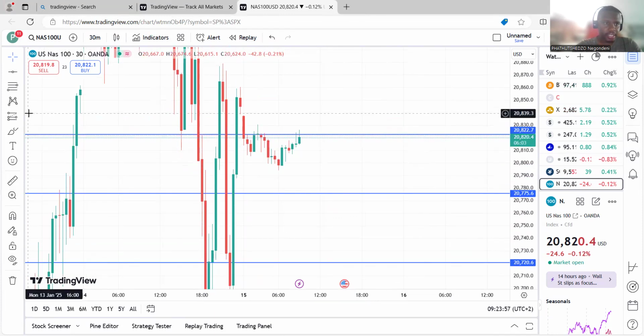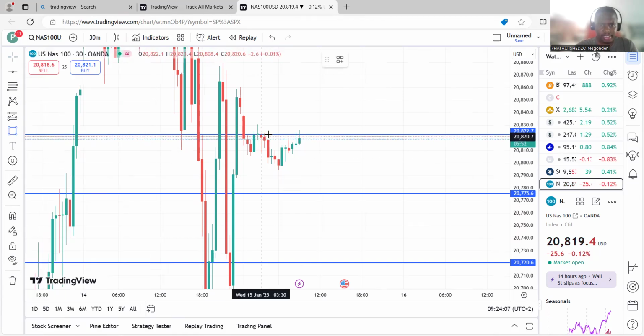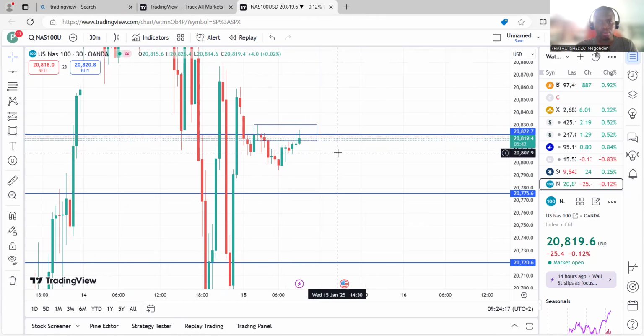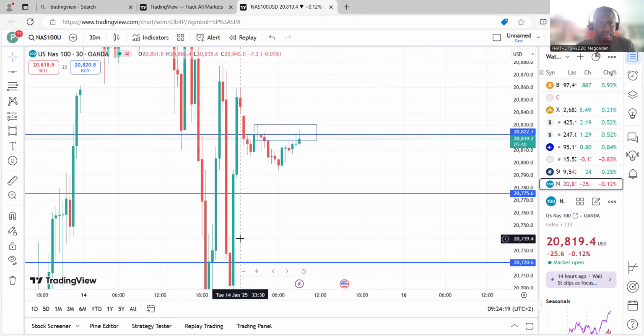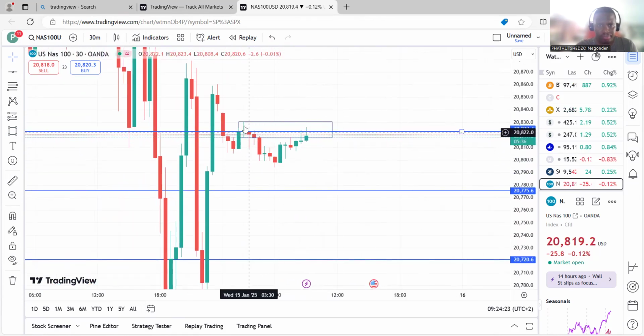We have a selling setup right at the buying territory. If we have a selling setup right at the buying territory, guys, we must always consider that sell setup. Don't just say you're going to buy because you're on the buying territory. So for me, right here, we are in the sell.